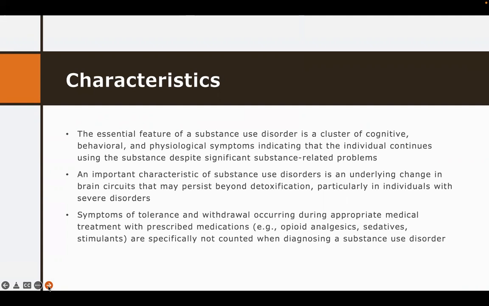An important characteristic is an underlying change in the brain circuits that may persist beyond detoxification, particularly with individuals who have severe, so remember there's mild, moderate, and severe. We will talk about the different levels of substance use disorder. There are neurological and physiological changes in their brain that we've learned from fMRIs and MRIs exist. However, the brain and the liver are incredibly resilient.